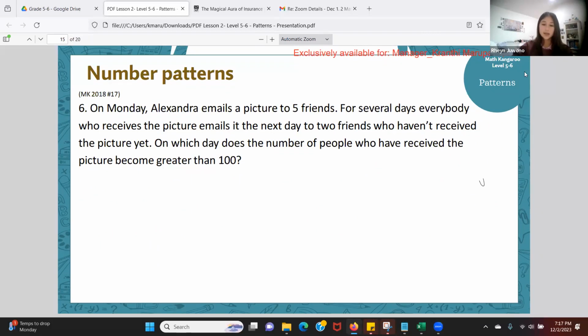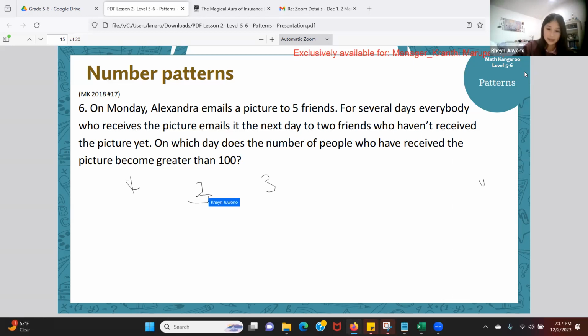So if she sends it to 5 people and then each of those people send it to 2 people, it's another pattern. So if you just draw this out, say this is day 1, day 2, and as in day 1 after she sends it. So I guess this would more be like day 2, and this is day 3.